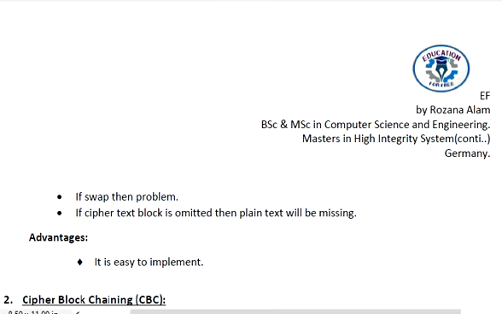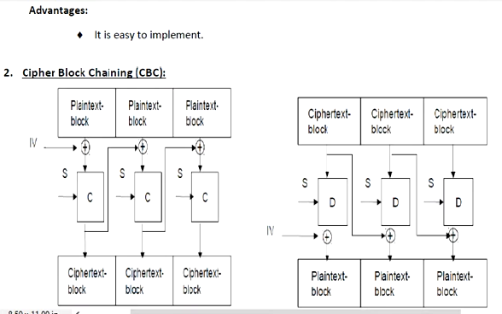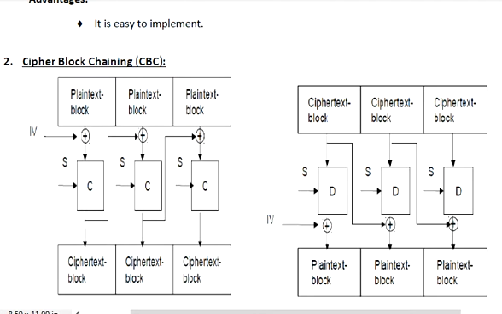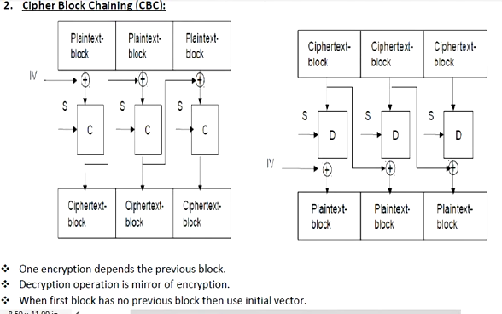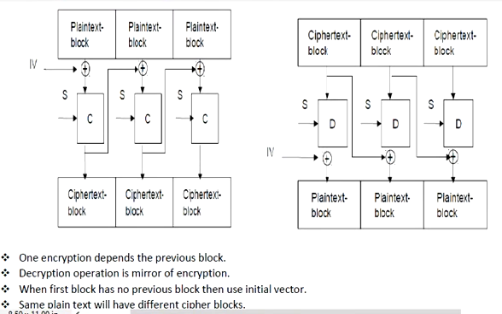Now we have another mode of operation called cipher block chaining. In cipher block chaining, we have an initial vector, and each encryption depends on the previous block. The decryption operation is just the mirror of encryption. You can see that the plain text is XORed with the initial vector, then we get a calculation, and that is the cipher text, and E here is symmetric encryption.